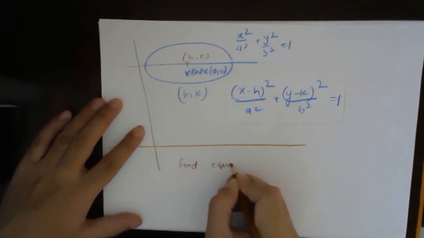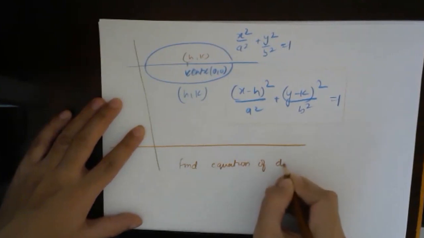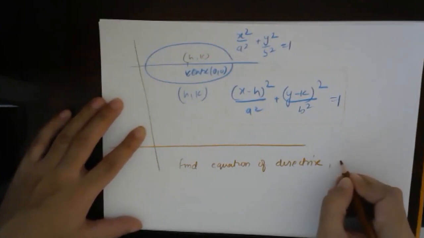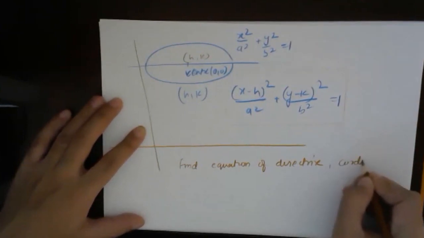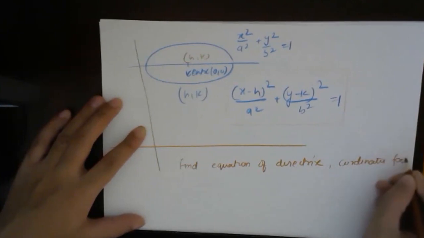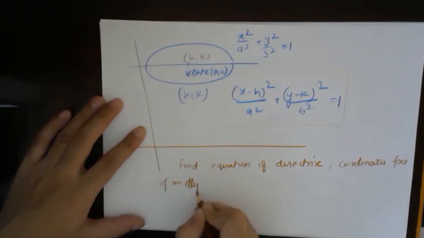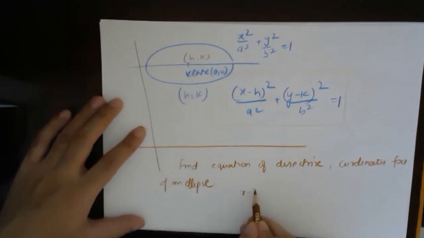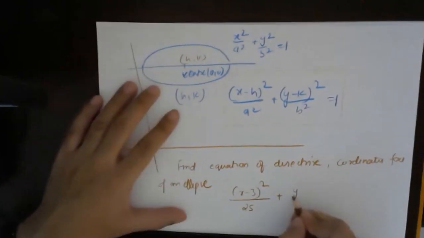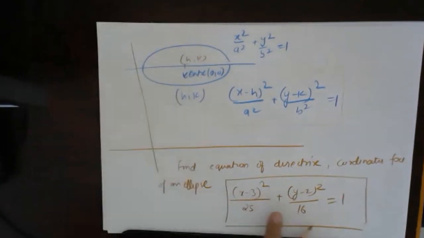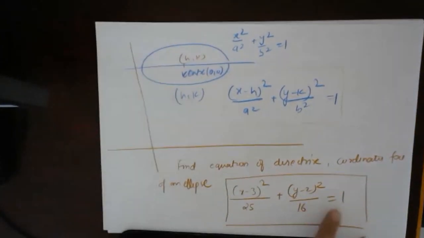Find the equation of directrix and coordinates of foci of an ellipse, x minus 3 whole square upon 25 plus y minus 2 whole square upon 16 is equal to 1.